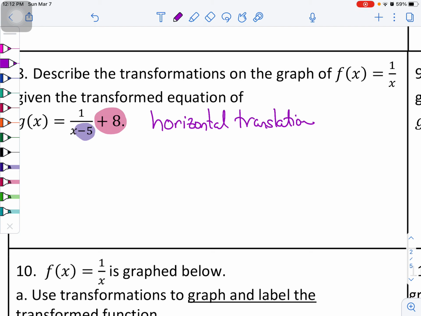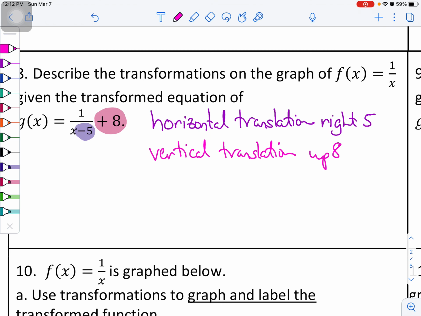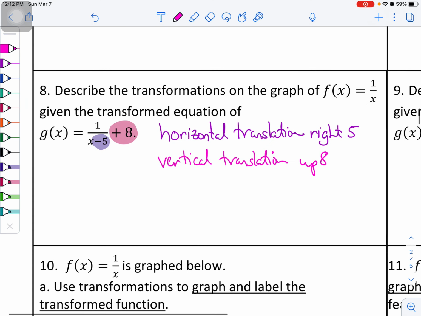So in this case, we're going to do a horizontal translation, which you might think of as a shift. Now, it says minus 5. Because it's directly attached to x, that's actually going to be moving to the right 5 units. It's kind of opposite of what you think it would be. And then that plus 8 is attached to the fraction, so that's going to be a vertical translation.